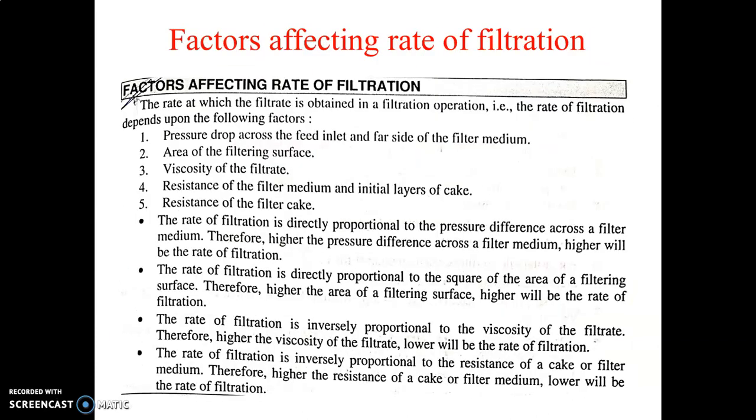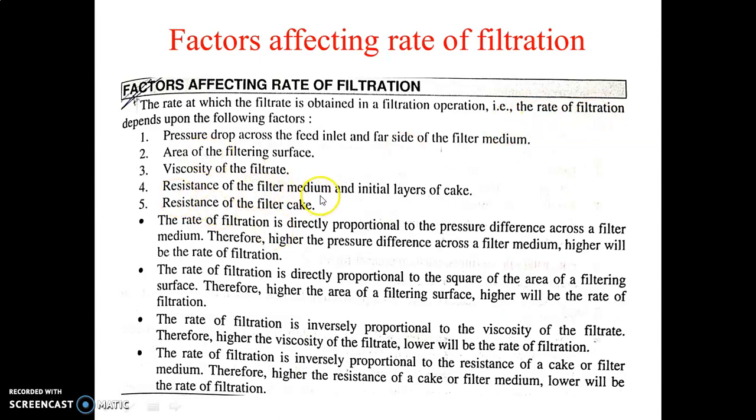So this pressure drop affects the rate of filtration. Then the area of the filtering surface. So what is the area of that filter surface? That is also affecting. Then viscosity of the filtrate. Okay. So what is viscosity? Resistance to flow. So that affects the rate of filtration.